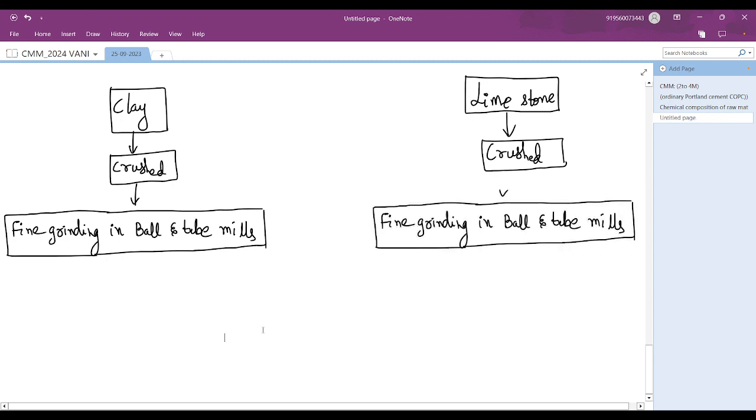After fine grinding, they are taken into the storage basin.